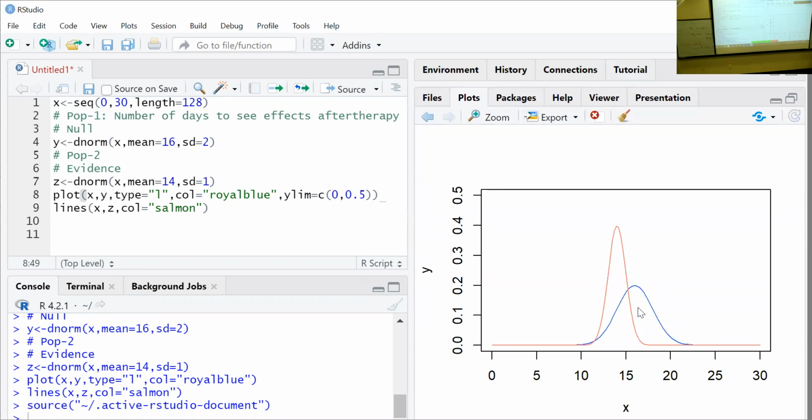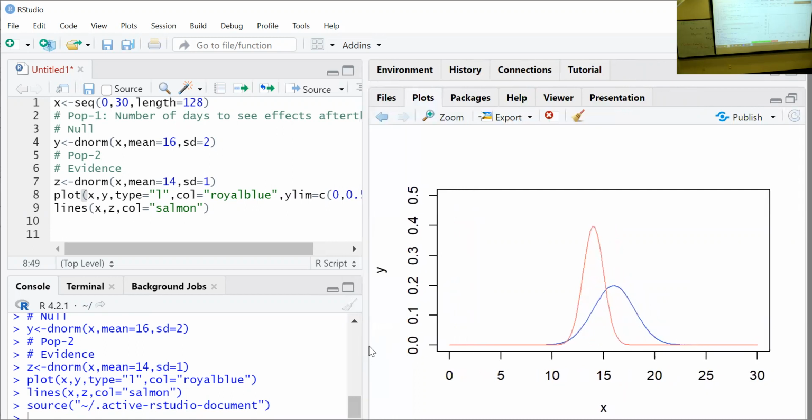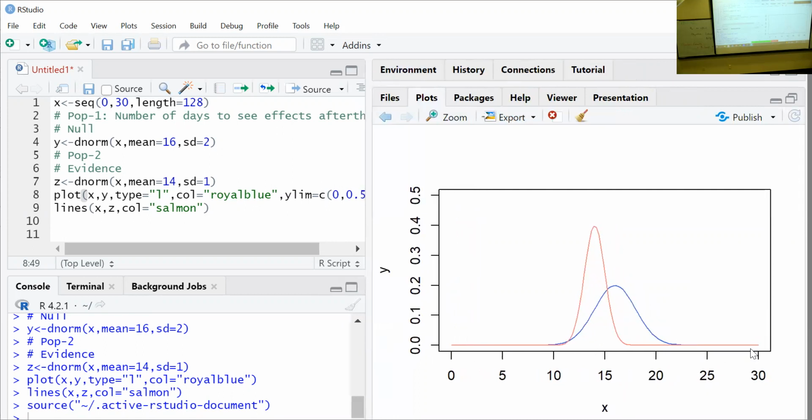Now, looking at the picture, do you believe that there is evidence to support our claim that it is 16? So claim is in blue. Red is what we get from this sample. Is there evidence to support the claim?